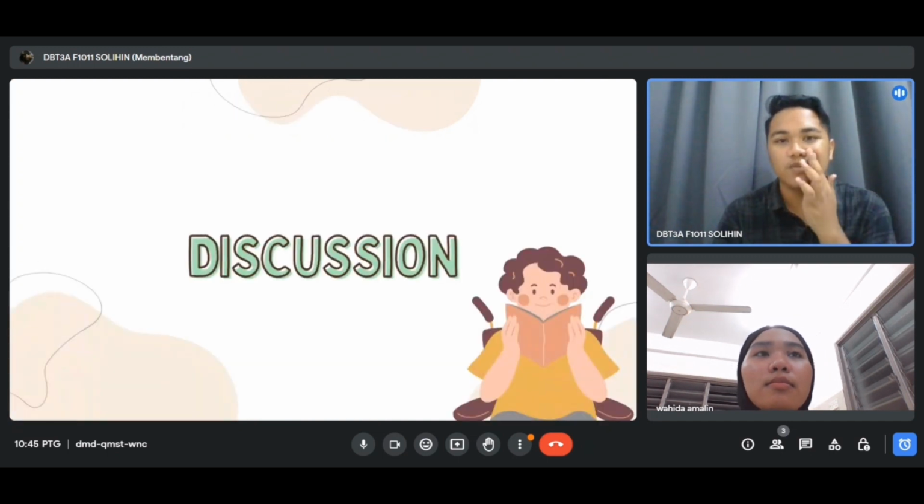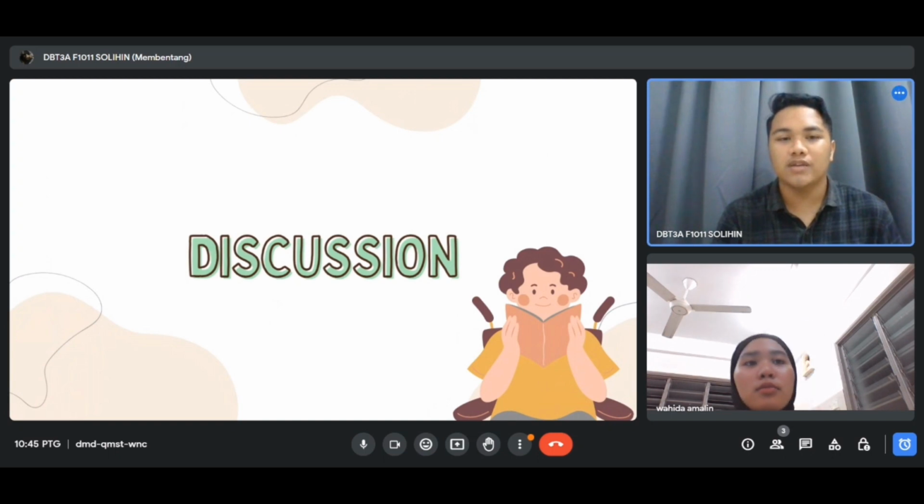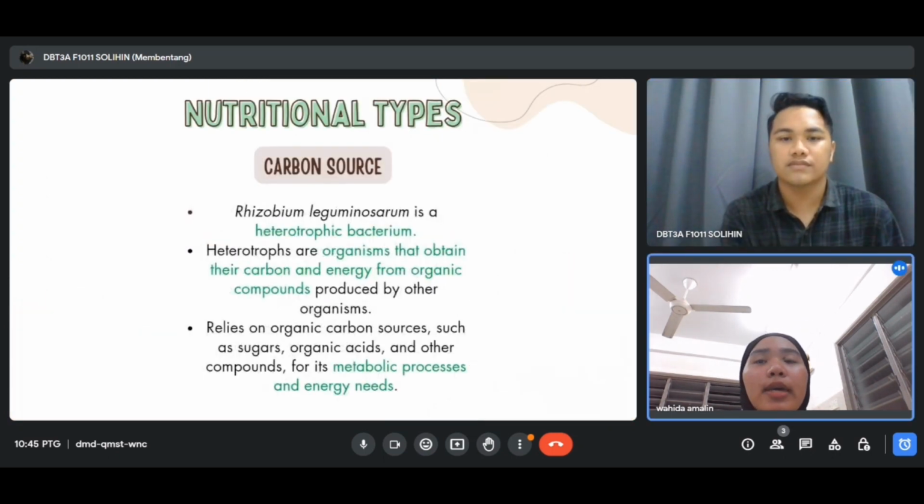So I will move to the next part, which is Wahidah's part, the discussion. Okay, I will present about nutritional types. There are two. The first one is the carbon source. This bacterium, Rhizobium leguminosarum, is a heterotrophic bacterium.